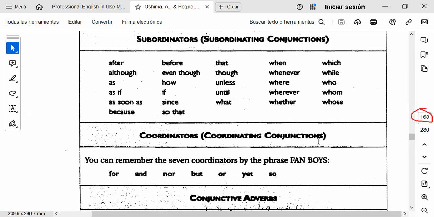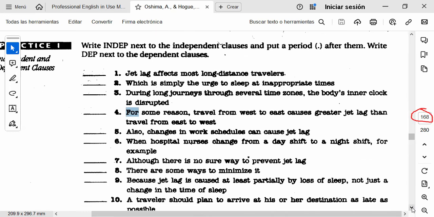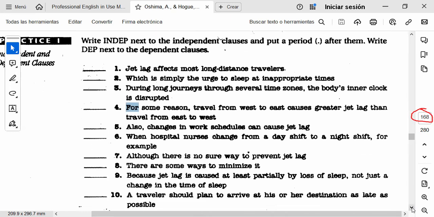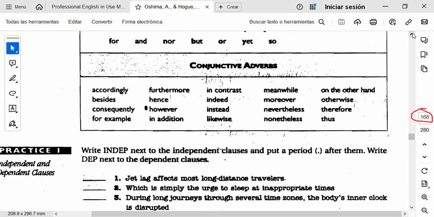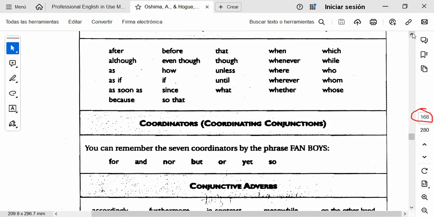Dependent, yes. We have to look at this. It's a dependent. Also, changes in work schedule can cause jet lag. Dependent. Yeah, dependent.